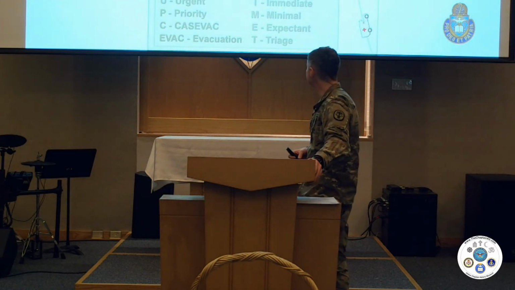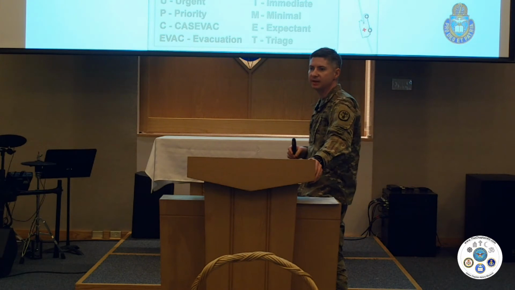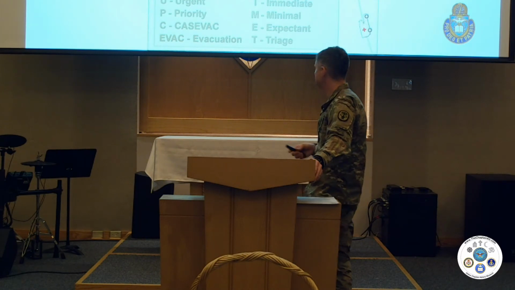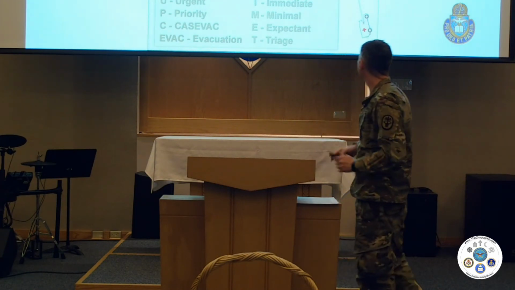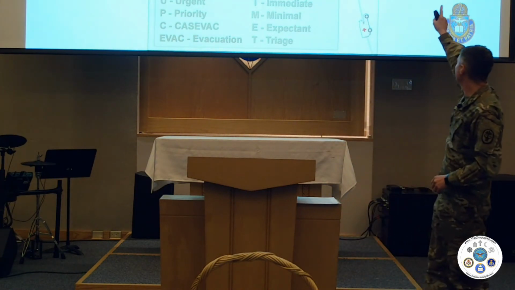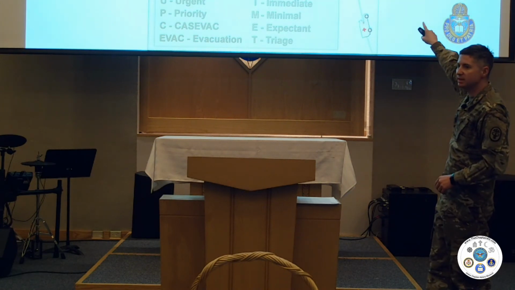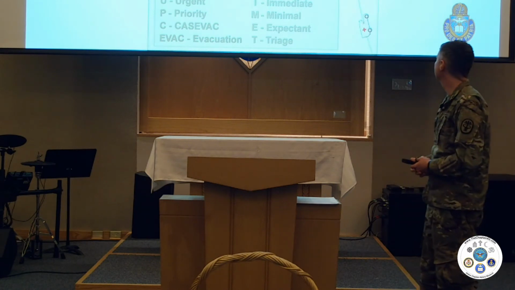So this is just a small representation of what a combat-oriented or tactical casualty collection point might look like. You can see the little ambulance over here on the side. The triage point is the large T over on the right-hand side of this diagram.